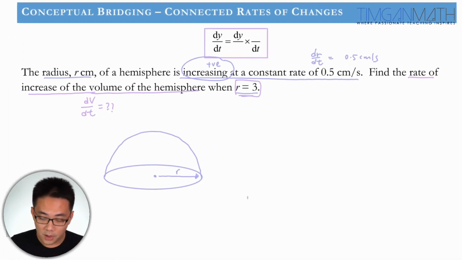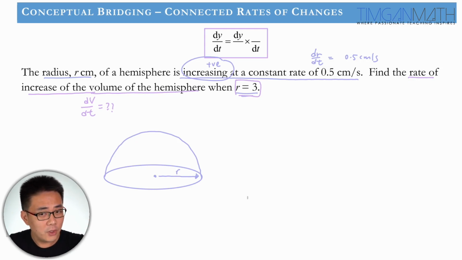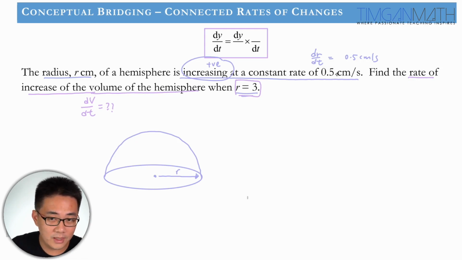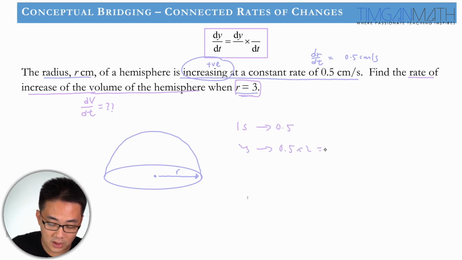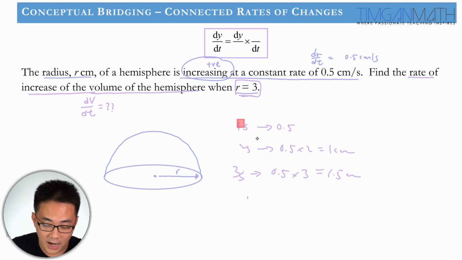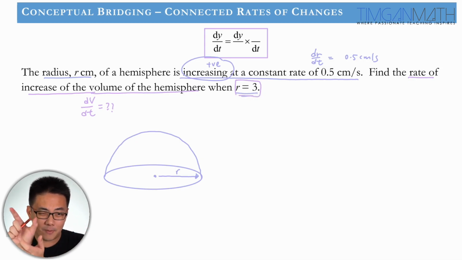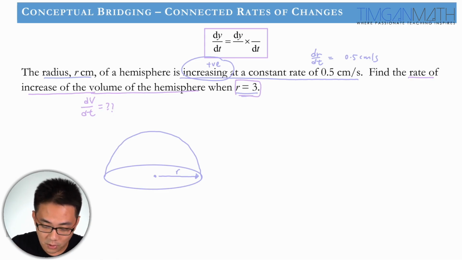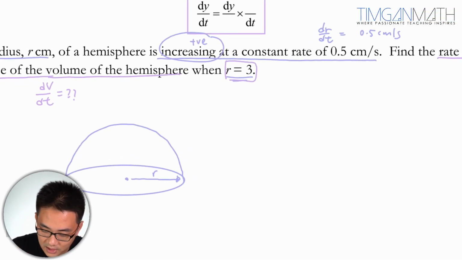Now remember, the radius r is increasing at 0.5 cm per second, meaning after 1 second, you have 0.5 cm. If 2 seconds pass, you have 0.5 times 2, which is 1 cm. If 3 seconds pass, you have 0.5 times 3, which is 1.5 cm. So that's the idea. There's a speed in terms of the way its length increases, right? So the question now is, what is dv dt?